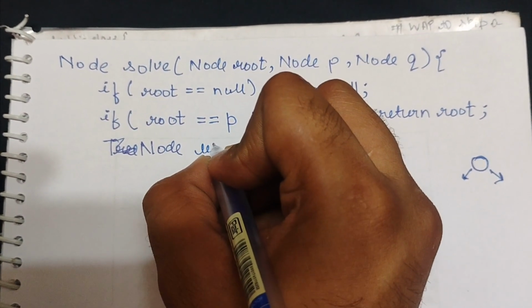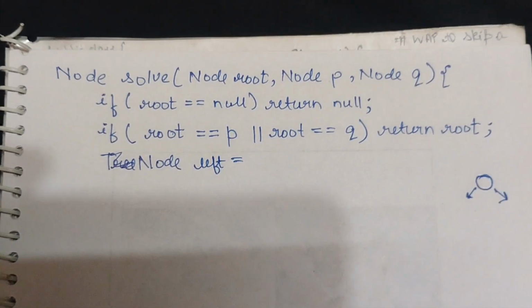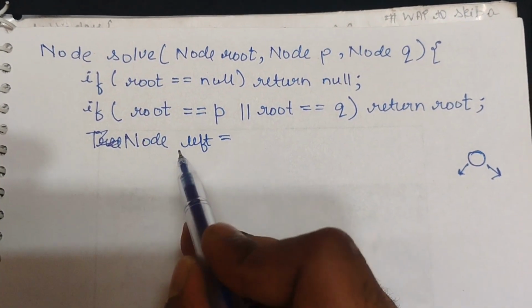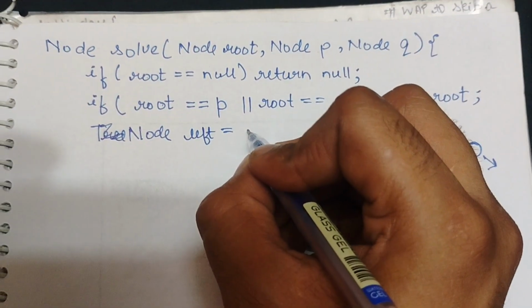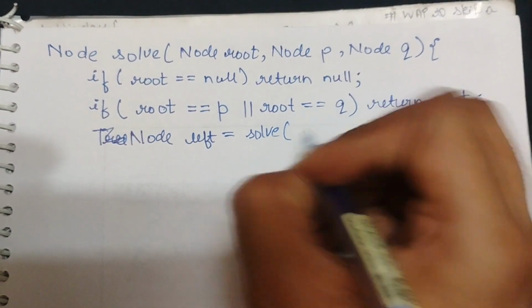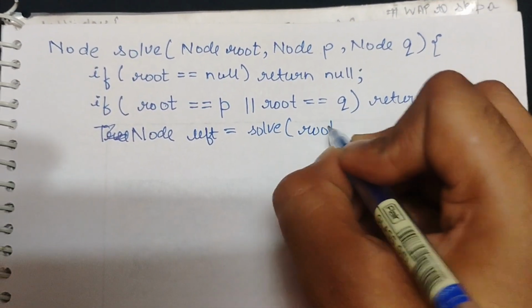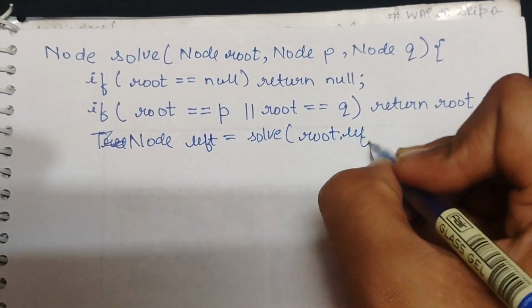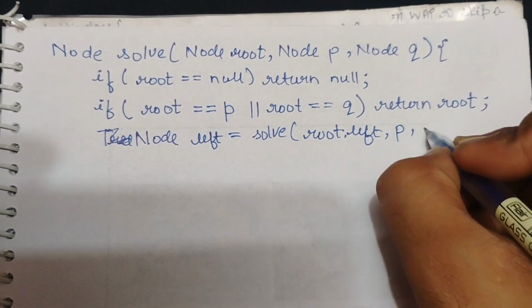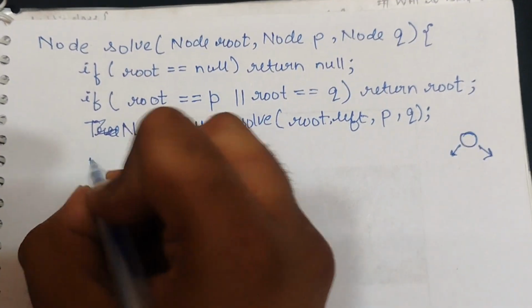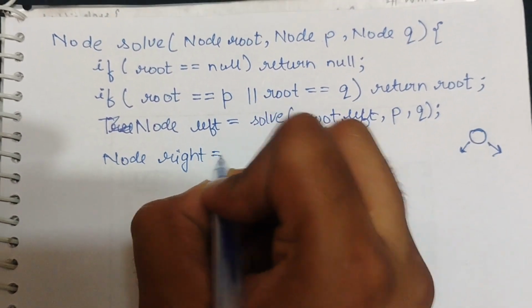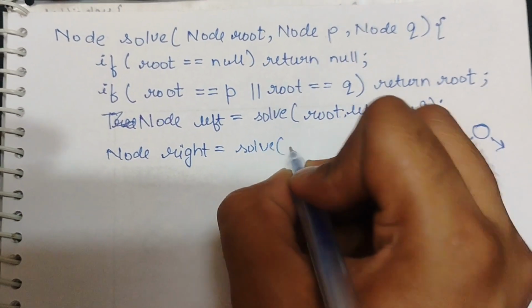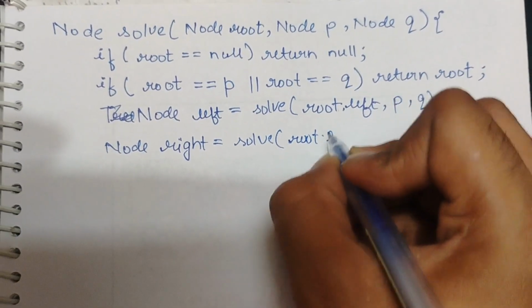So I'll name it left, a node, that tells me from the left whether the answer lies in the left. I will call this function solve, with root dot left, and pass P and Q. Similarly, I'll ask in the right, does the answer lie in the right, solve root dot right.